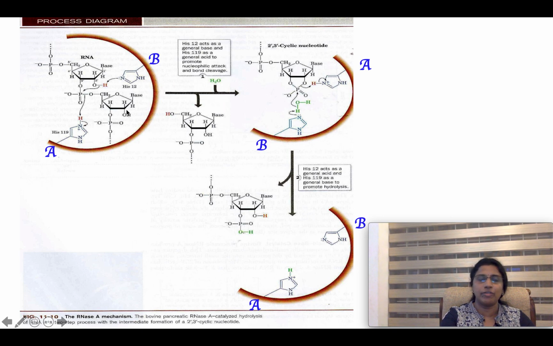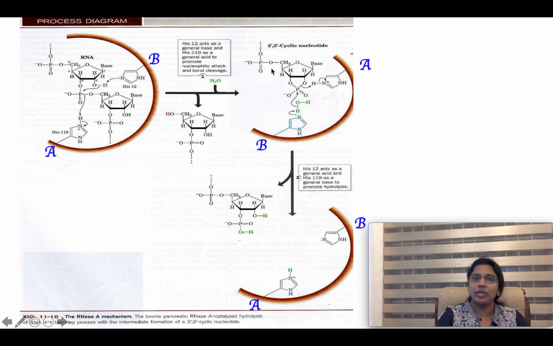The overall reaction is depicted here, the first phase and second phase combined together. In the first phase, histidine 12 acts as a base and abstracts a proton from the 2' OH. Now this O minus nucleophilically attacks phosphorus, forming a PO bond. At the same time, histidine 119, which acts as an acid, donates a proton, and this proton helps in the cleavage of this PO bond, and it goes with this CH2O forming CH2OH, and this portion is released.